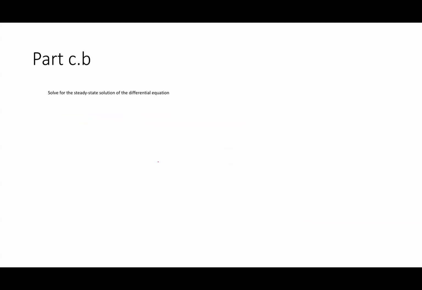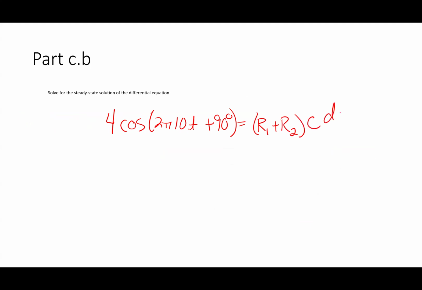Now, second part: solve for the steady state solution of the differential equation. My differential equation was 4 cosine 2 pi 10t plus 90 degrees equals R1 plus R2 times C dV_C/dt plus V_C. This guy here is like a tau again, so it's the same form of the differential equation.